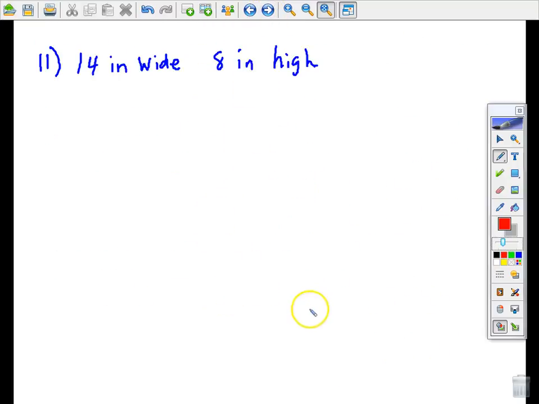Okay, well, now we're given the information just a little differently. We're given the dimensions. And once again, it's no problem if you just want to draw yourself a little sketch. If your ellipse is a total of 14 inches wide and it's centered at the origin, that means that 7 inches have to be on either side of the origin on the x-axis.